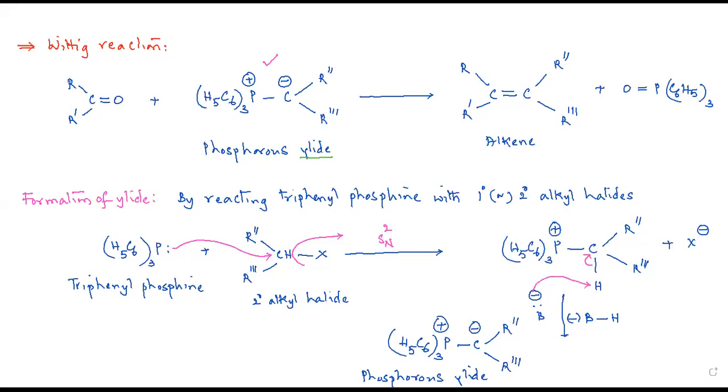So ylides are prepared by reacting triphenyl phosphine with a primary or secondary alkyl halide in an SN2 reaction. And let us go for the mechanism. Very interesting. Be more cautious. Come on.